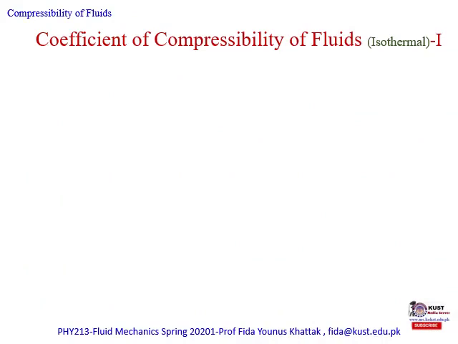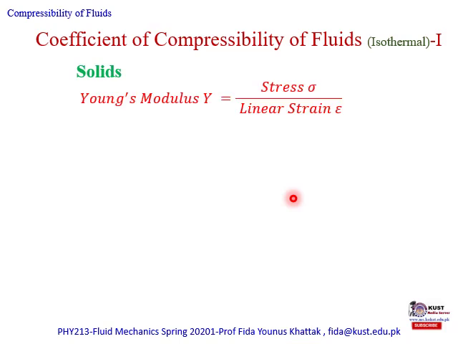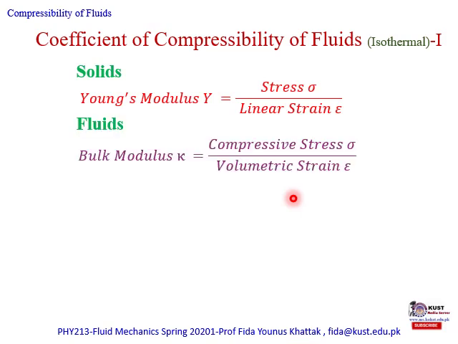Compressibility of fluids at constant temperature, that is the isothermal compressibility of fluids. In the case of solids, we had Young modulus, which was defined as the ratio of stress and linear strain. In the case of fluids, we will have bulk modulus now, which is the ratio of compressive stress over volumetric strain.